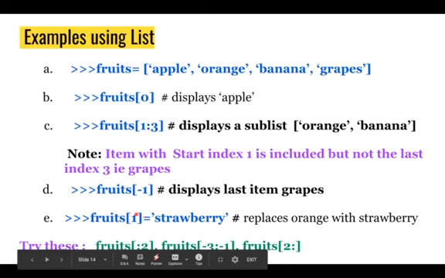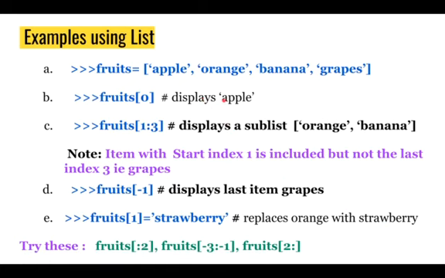We have to specify the index number of the item that is to be replaced. So, orange has the index number 1. So, here fruits within square brackets 1 equal to the new value. That will replace orange with strawberry. So, the new list that is created has items: apple, strawberry, banana and grapes.